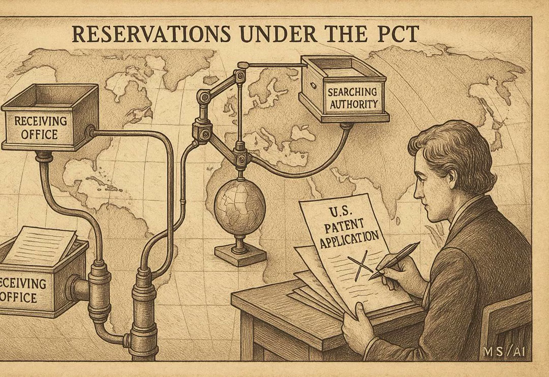Let's bring this back to the listener. Why is drilling down into MPP Section 1803 actually important for someone dealing with PCT applications? Well, it's really about avoiding nasty surprises. If you don't know about the English-only rule for the USPTO as receiving office, you might mess up your filing date.